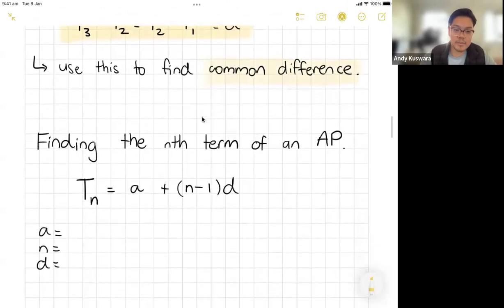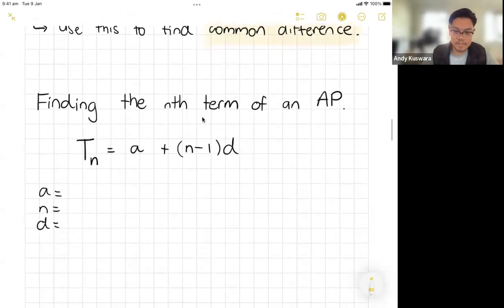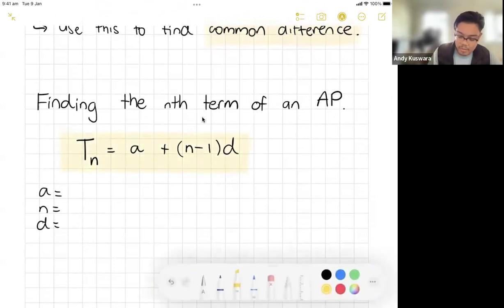What is given in the reference sheet is this formula for finding the nth term. This is your generalized term, and it helps me find, let's say, the 10th term, the 20th term, the 100th term, any term.